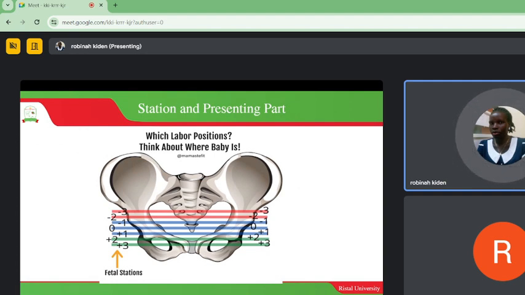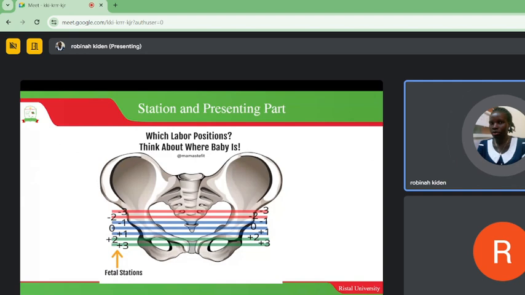The presenting part is at the level of the ischial spines. The ischial spines are those protruding parts of the pelvis that are seen in the image.